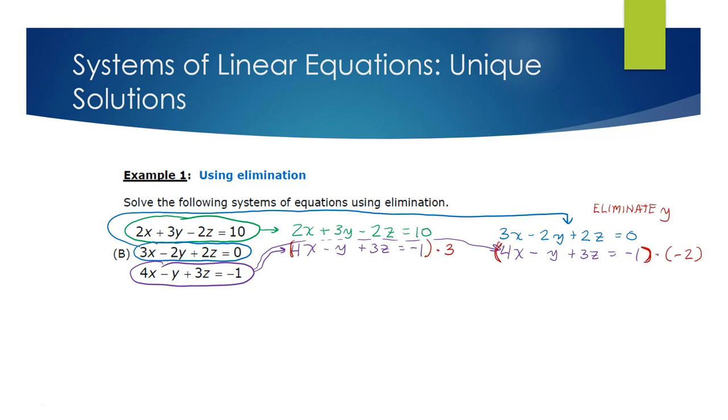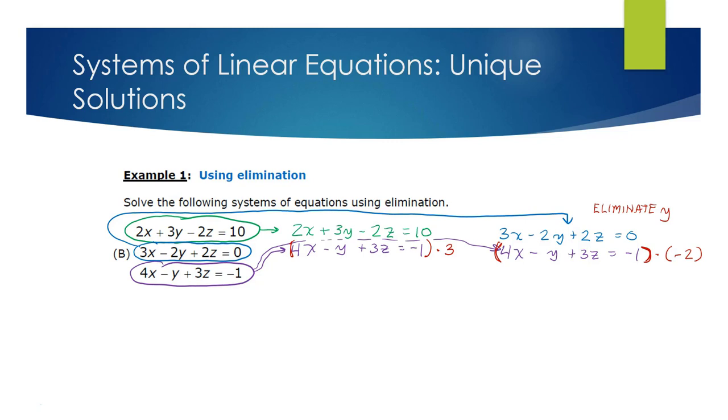Mostly because I notice that in the third equation, y has a 1 in front of it, a negative 1 technically. Which means I can alter y pretty easily, and that's all I need to do with it. So I chose to eliminate y on both equations. So on the first set, on the third equation, I multiplied it by 3.